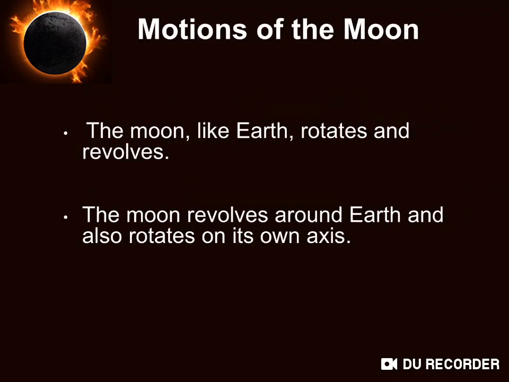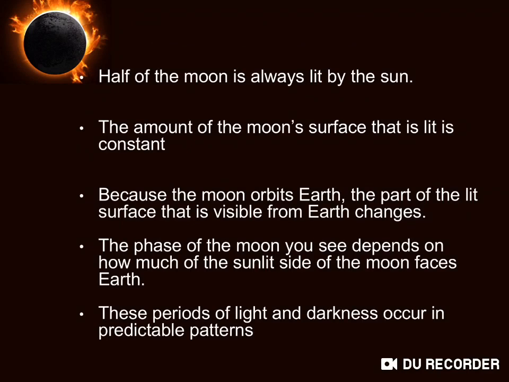Motions of the moon. The moon, like Earth, rotates and revolves. The moon revolves around Earth and also rotates on its own axis. Half of the moon is always lit by the sun. The amount of the moon's surface that is lit is constant.